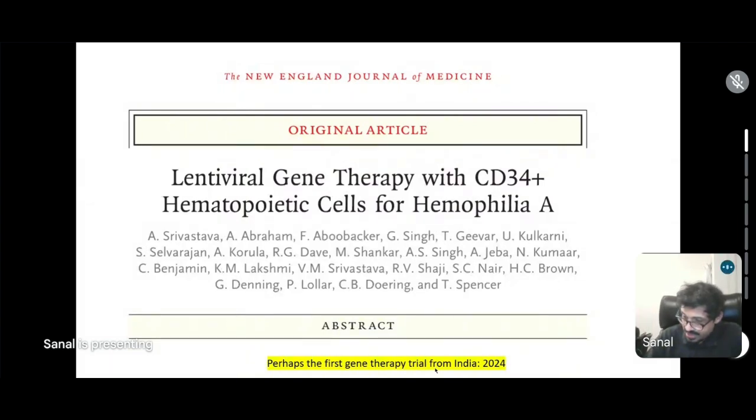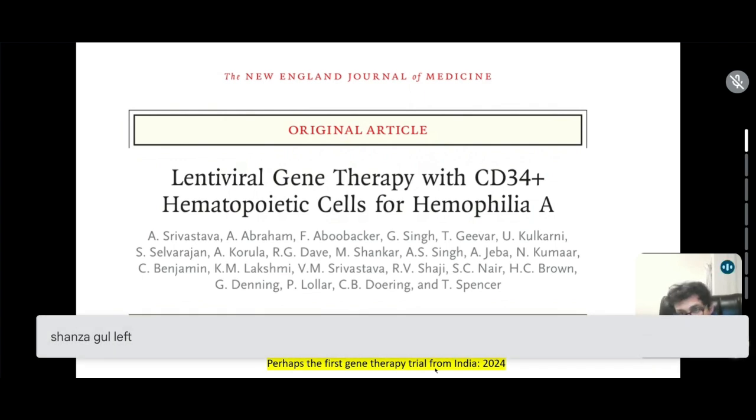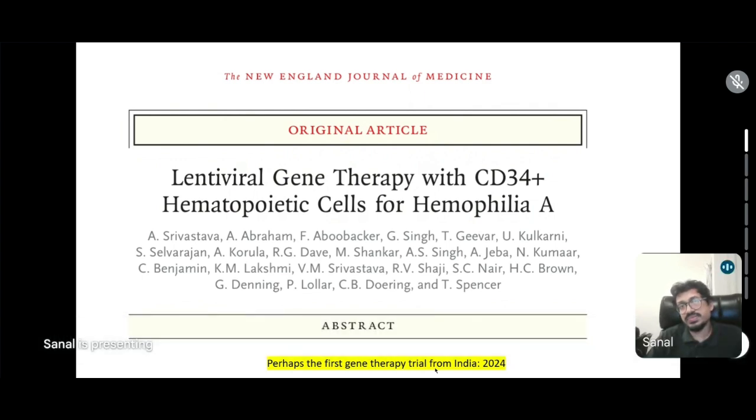These hematopoietic stem cells can give rise to any cells in that lineage, meaning neutrophils, macrophages, lymphocytes, all those things. So they isolate the CD34 positive stem cells and they transduce them with a lentivirus containing factor 8, because factor 8 deficiency causes hemophilia A.